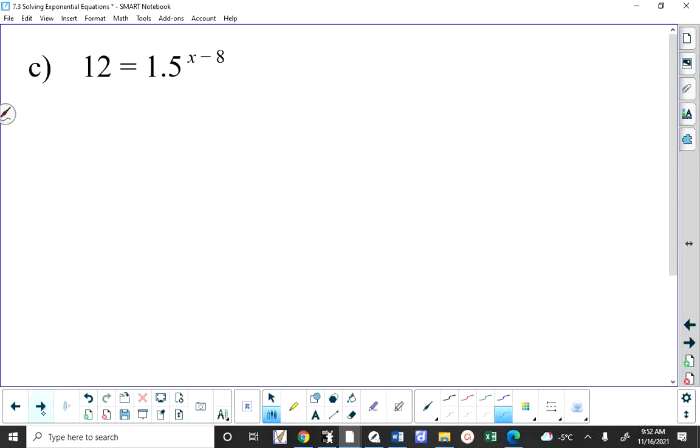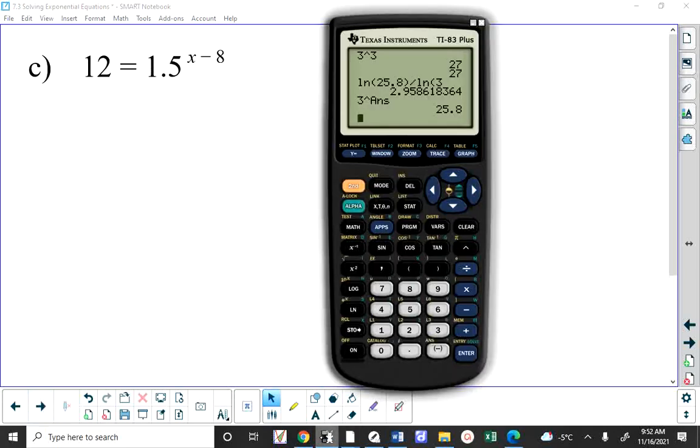12 equals 1.5 raised to the x minus 8. So we can put 1.5 raised to, in brackets, x minus 8. I really have no idea what kind of domain for x is suitable here.